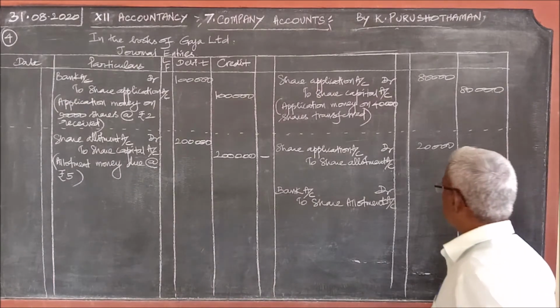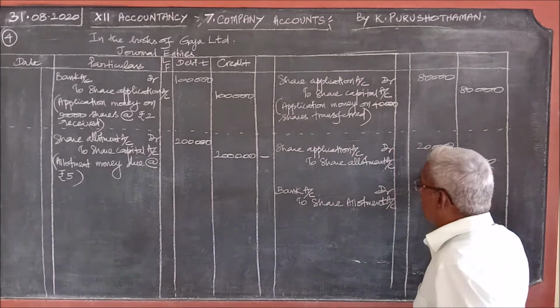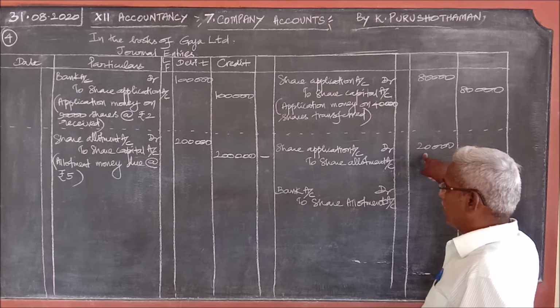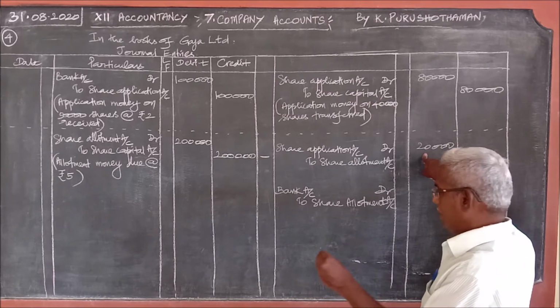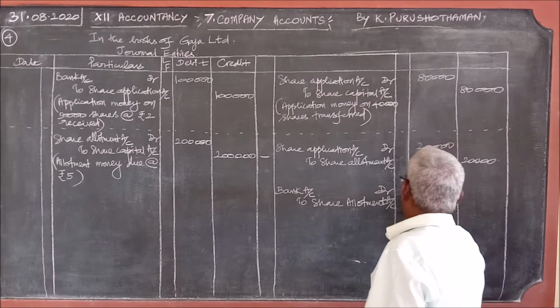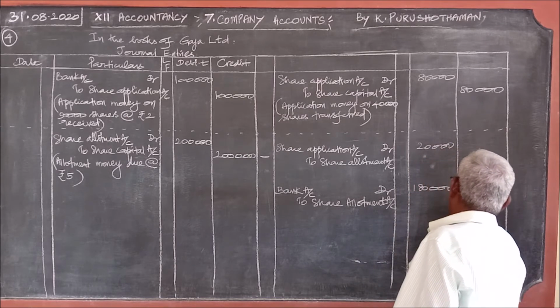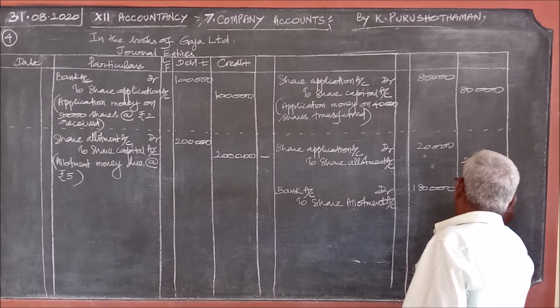Here, for 2 lakhs, already 20,000 application money was available. It is kept as reserve. Therefore, the balance amount, 1,80,000 only, will be received by the company.